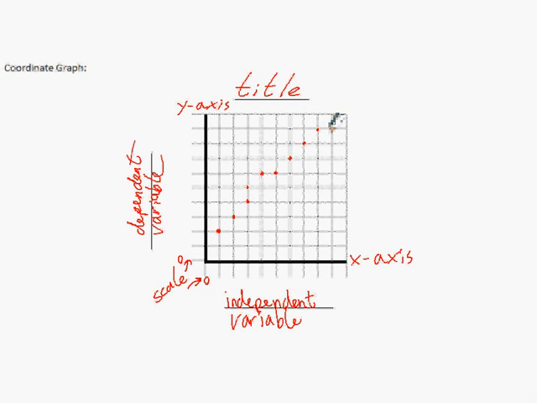So each dot is a coordinate pair which comes from a table or some sort of list of data. So this is your coordinate graph, and this is basically what you need to do every time you make a coordinate graph.